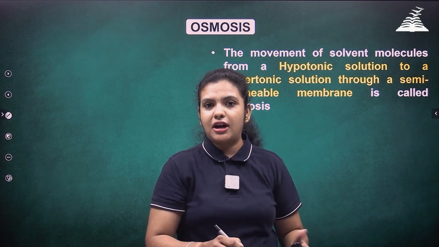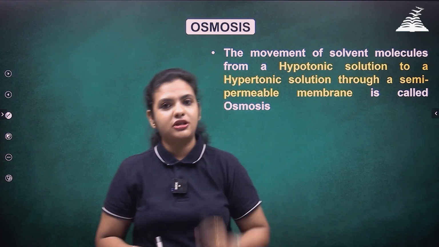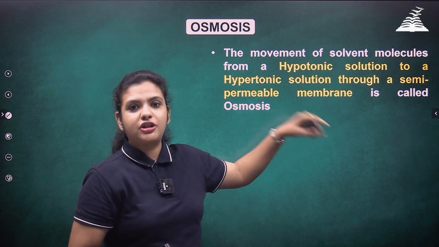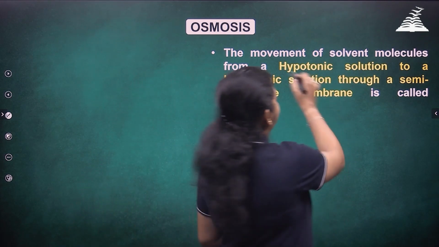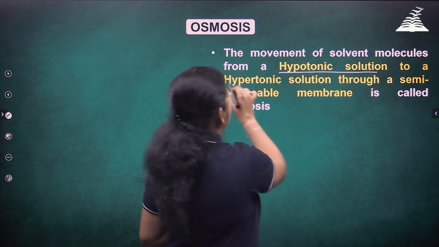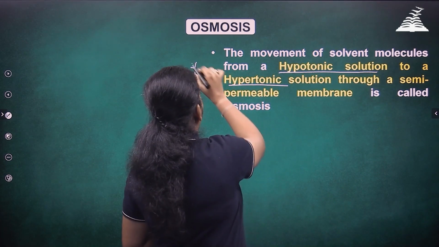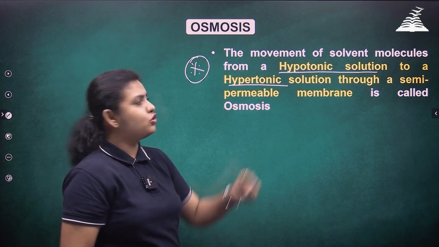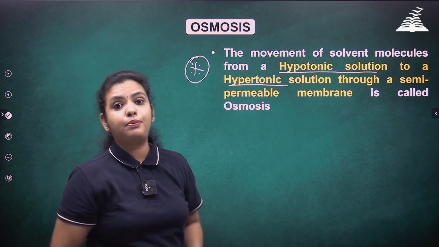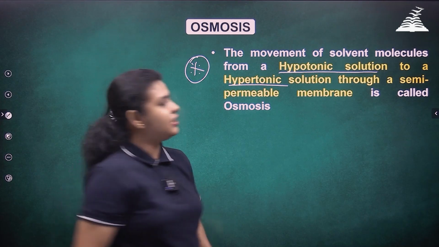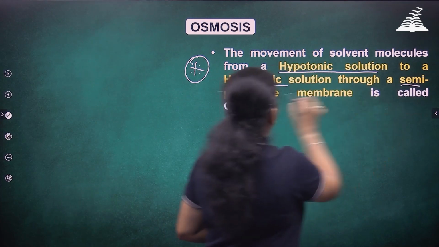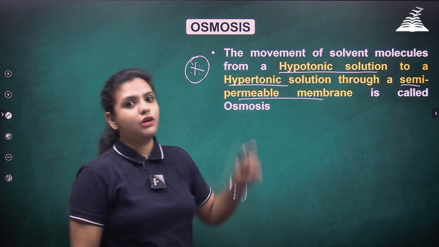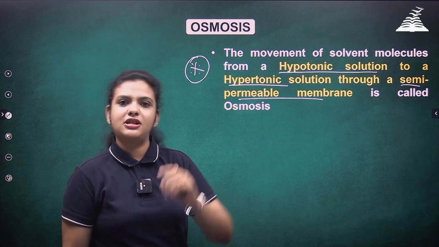The previous one spoke in terms of concentration, but this definition is speaking in terms of tonicity, students. Again, a very important question. Students always get confused between hypotonic and hypertonic solution. Again, as I told you, semi-permeable membrane is very important, without which your answer is wrong.